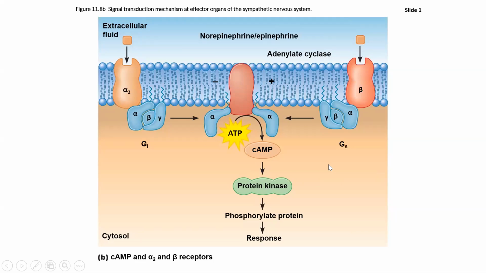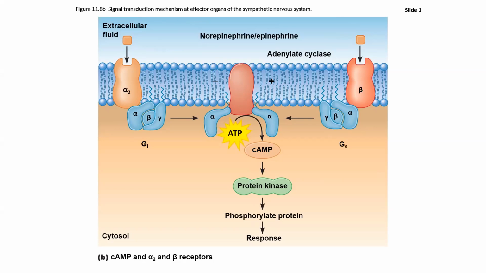Okay, now we're going to look at what happens to alpha-2 receptors and all beta receptors, so beta-1, beta-2, and beta-3. And this schematic is often a little bit confusing at first because it's showing all receptors in this one membrane, but this is just a schematic. So I want you to interpret this as being just showing the events that take place, but these receptors are really on different tissues, and we saw that, right?